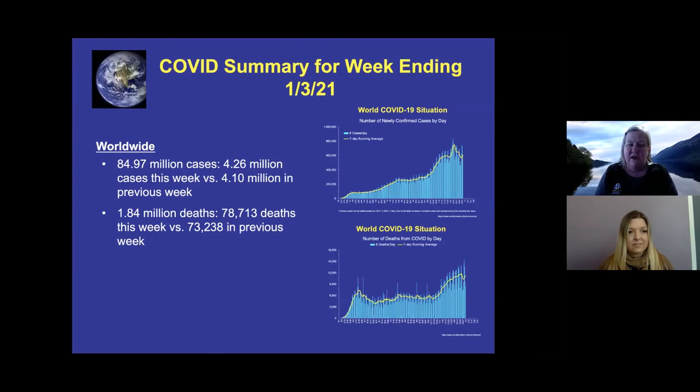Worldwide, we have close to 85 million cases, 4.26 million this week compared to 4.1 million in the previous week. 1.84 million deaths, 78,713 this past week compared to 73,238 in the previous week. So the world and the US still experiencing a lot of deaths from this. But hopefully with the vaccine, that will change, start turning things around here soon.